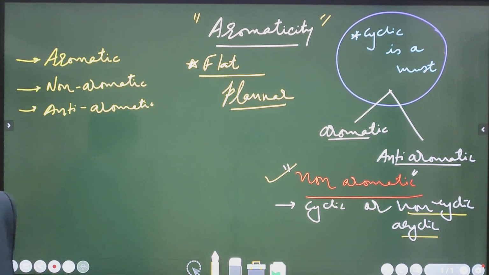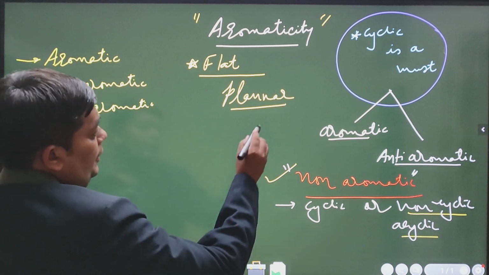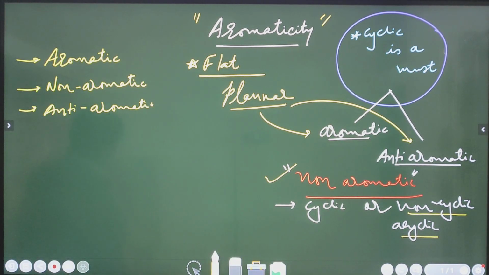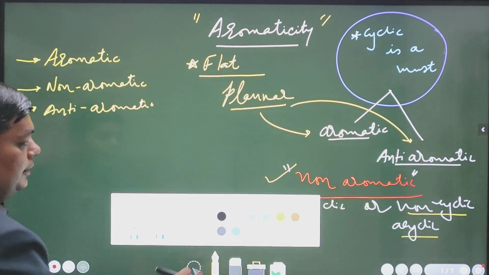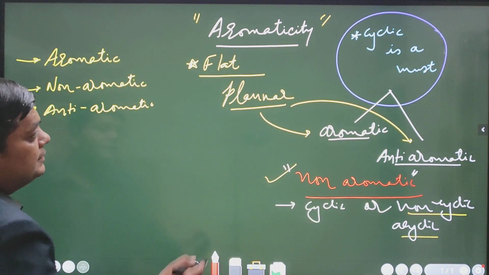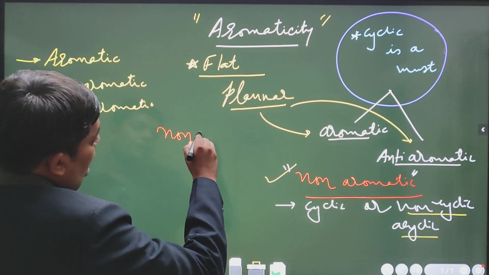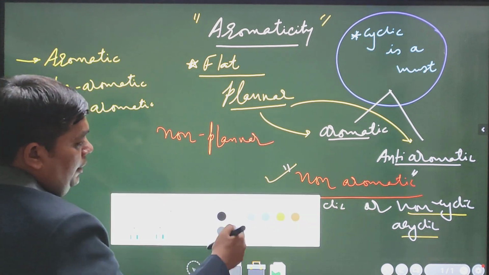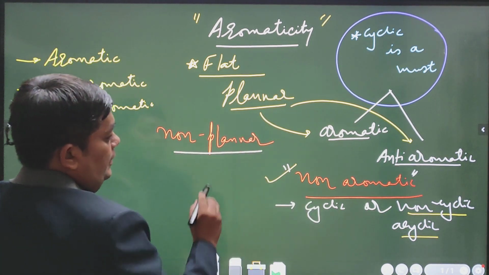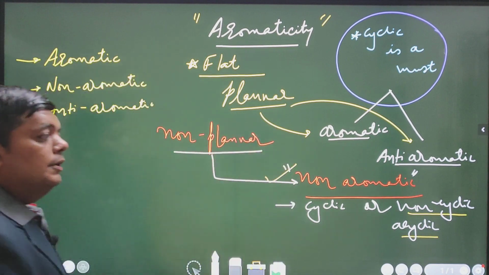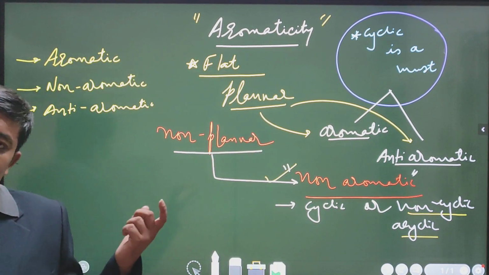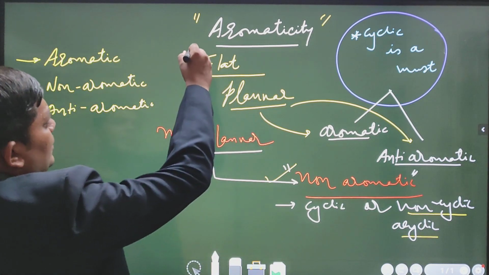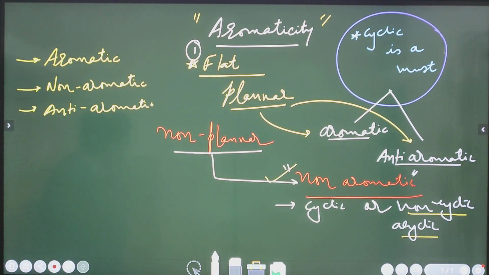If the molecule is planar or flat, it will always correspond either to aromatic or to anti-aromatic. But be very clear in understanding, if we say the molecule is non-planar, then in most cases that molecule will be non-aromatic. If a molecule is non-planar, it will be non-aromatic. So we can point it out as condition number 1.